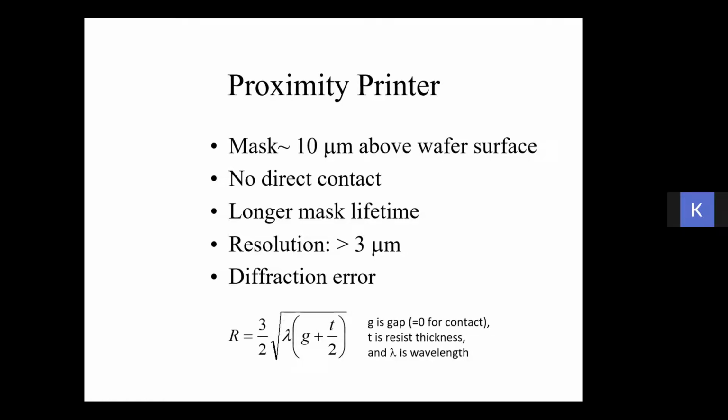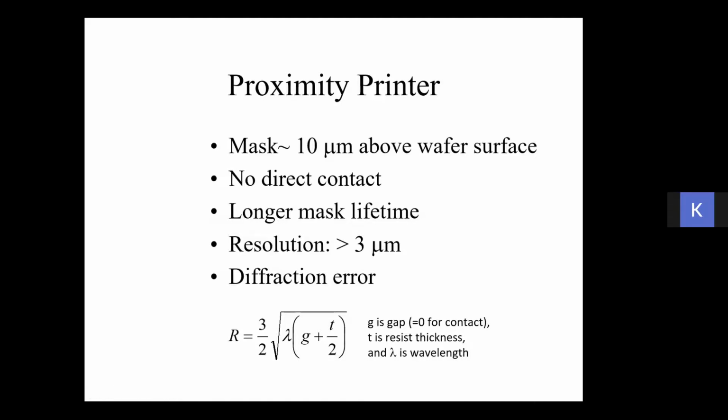So if you want to know how much resolution you can achieve using proximity printing, this is the formula where lambda is the wavelength of light used, T is the resist thickness. So obviously you can understand, if you increase the thickness of your resist, the resolution also gets worse. That means you cannot go to a much lower level in resolution.